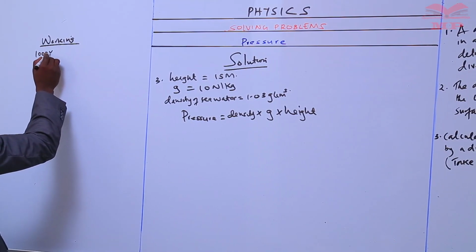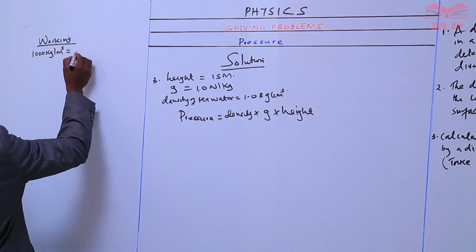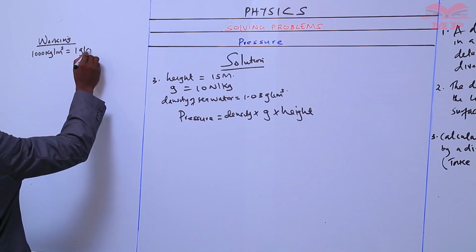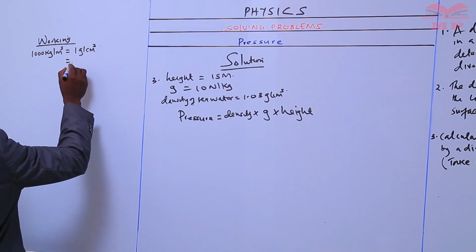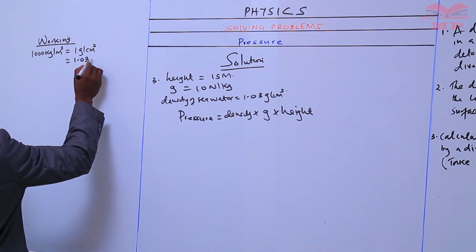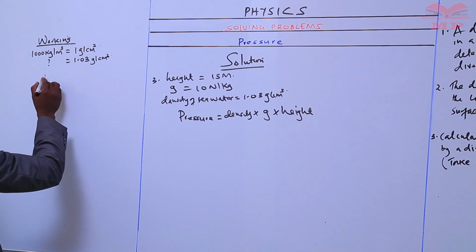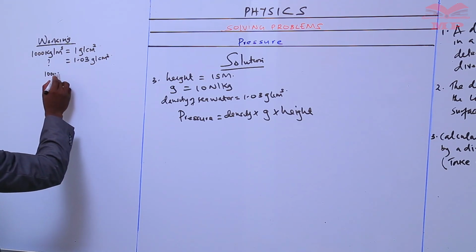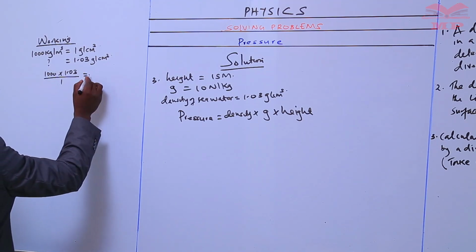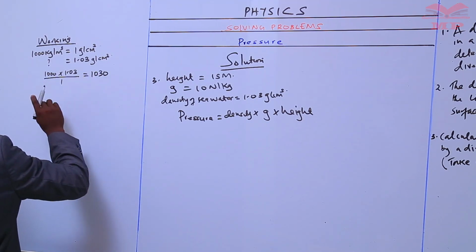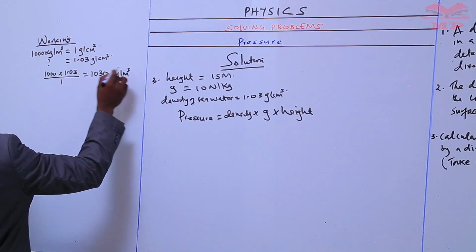We always say 1,000 kilograms per meter cubed is equal to 1 gram per centimeter cubed. So what about 1.03 grams per centimeter cubed? We cross multiply: 1,000 times 1.03 over 1. This gives me 1,030 kilograms per meter cubed.